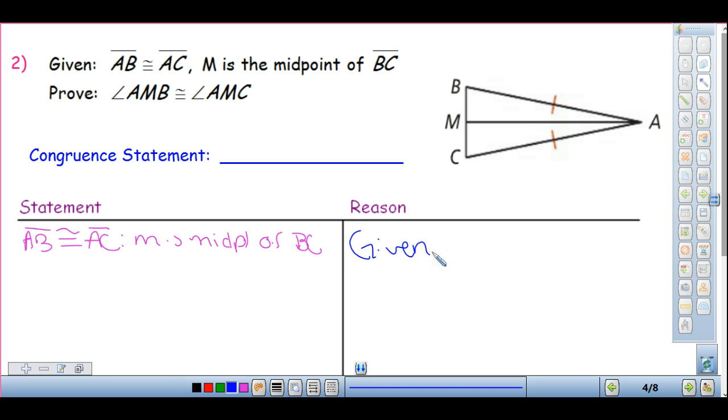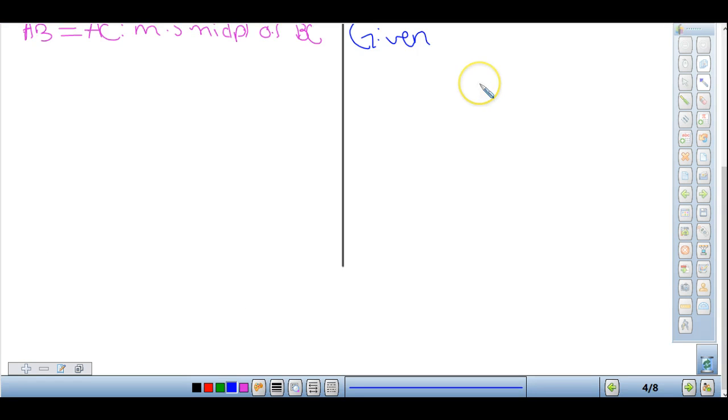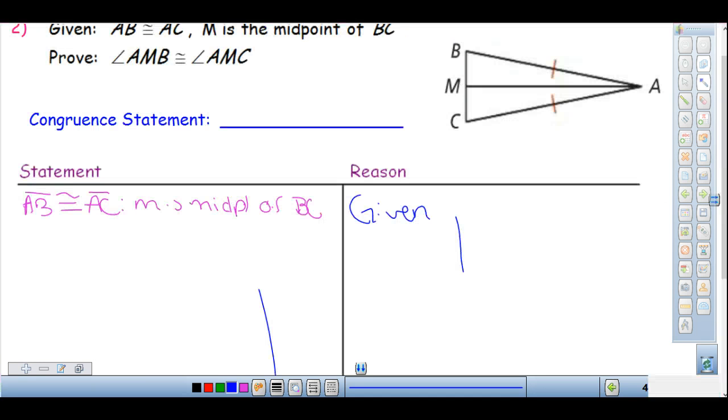Now just because it told us that M is the midpoint of BC, we need to look at BC, so we're looking at this side right here, because that's what they're talking about. M is the midpoint of that.